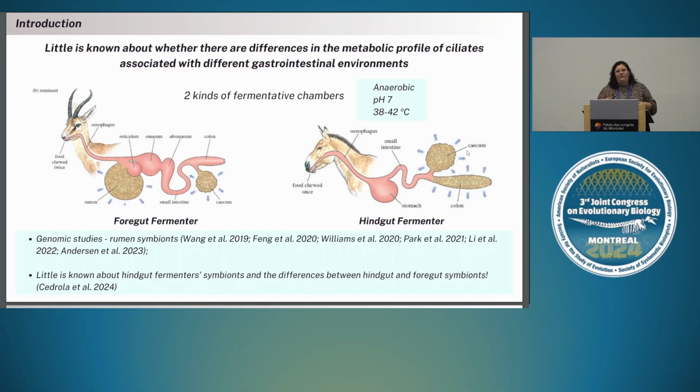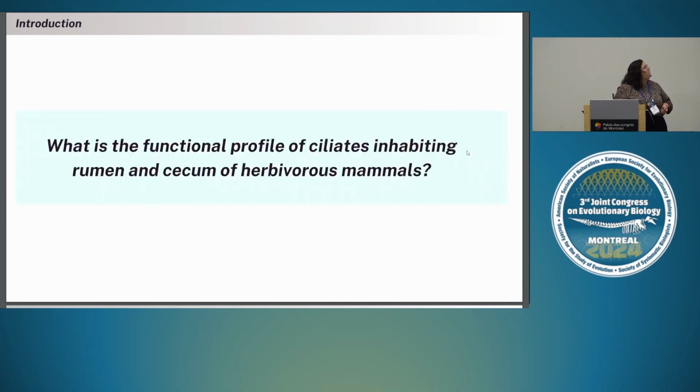Concerning the rumen ciliates, most of the studies are concentrated in rumen symbionts, and little is known about hindgut fermenter symbionts and whether there are differences between hindgut and foregut symbionts. Thus, this study aims to find out what is the functional profile of ciliates inhabiting the rumen and cecum of herbivorous mammals.